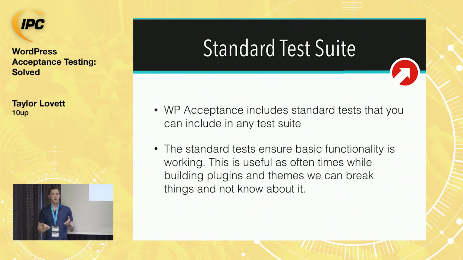If you've built a lot of WordPress plugins, you're interacting a lot with hooks and different WordPress internals. It's easy to do something wrong and accidentally break a section of WordPress, or maybe break the admin. Maybe you even white screened WordPress. So the standard test suite lets you assert that those WordPress core internals are still working with your plugin.